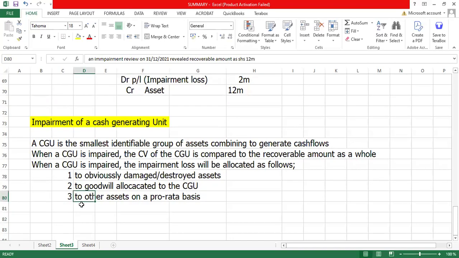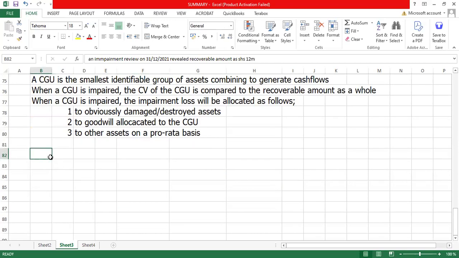So how are we going to deal with this? You write this. A CGU comprises of the following assets.